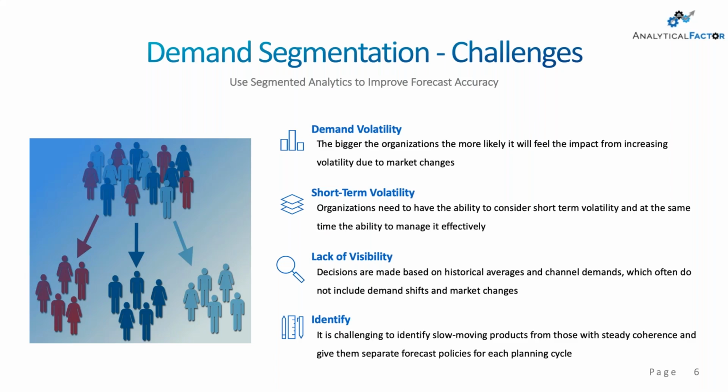So demand segmentation is about looking at the data in groups that are similar, based on demand behavior. What we usually like to do at Analytical Factor, and we find it a very good practice with our customers, is to go with three segments: the high intermittency, the high variability, and the low variability. That's usually what works best, but it doesn't necessarily need to be that.